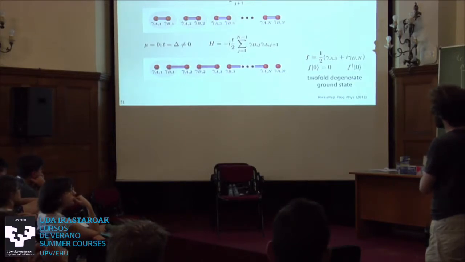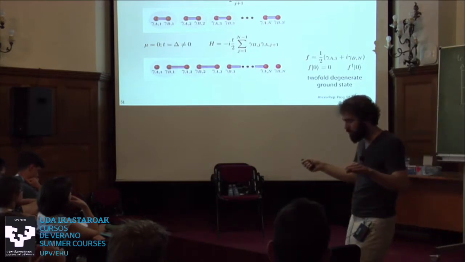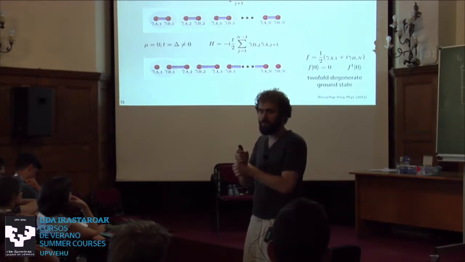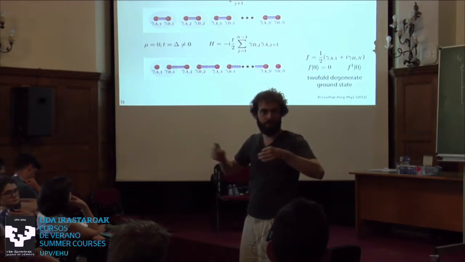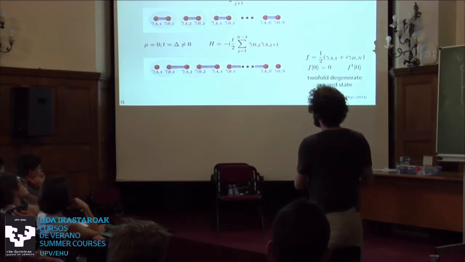So the ground state here is actually doubly degenerate, and the reason it's doubly degenerate is because the energetics don't care about this extra non-local fermion. So basically what happens is that I took one fermion and split it up into two halves, and these two halves are localized on the edges of the chain.